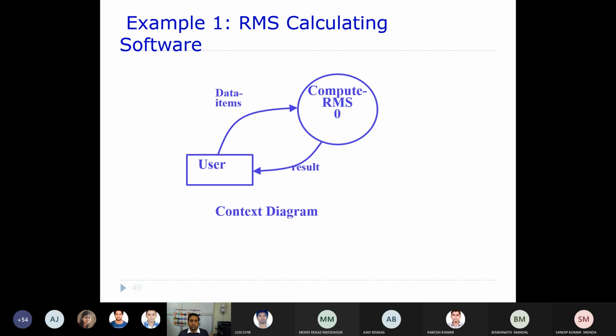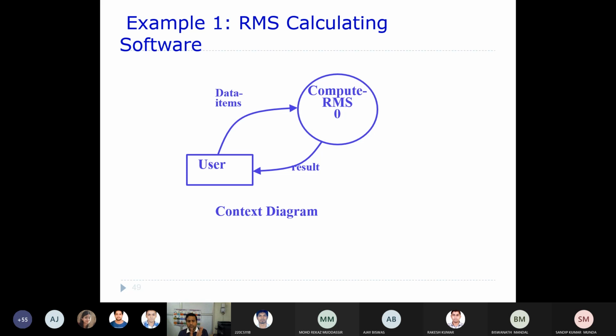And what is the external entity here? The external entity is the user, because the user is the one who is going to give input to the RMS software. The user will give three data items as input to the system, and this function, compute RMS, is going to give you the square root of A square plus B square plus C square.